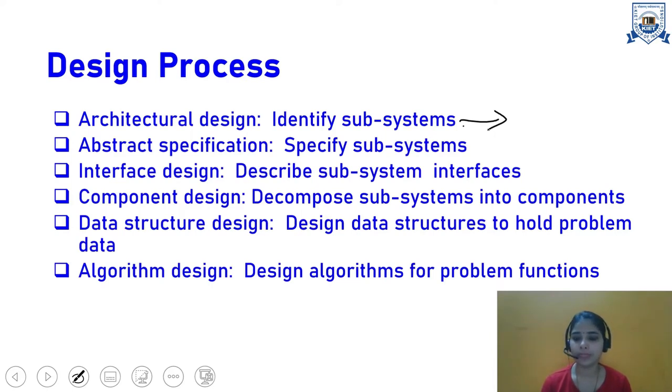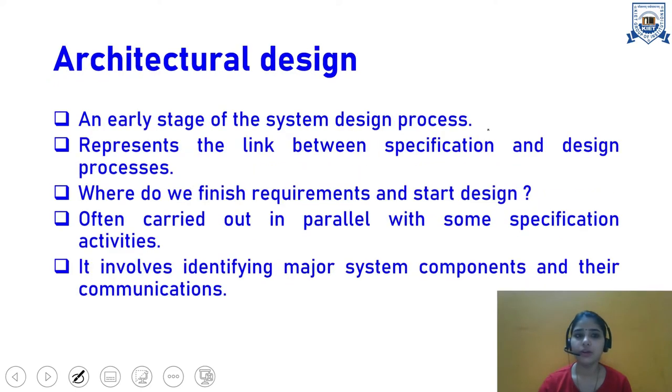So in the architectural design, we represent the link between the SRS and the design process. Where the requirement finishes, the design starts, and that link is the architectural design.